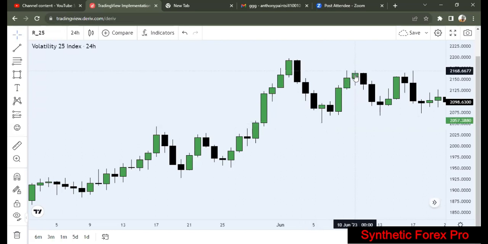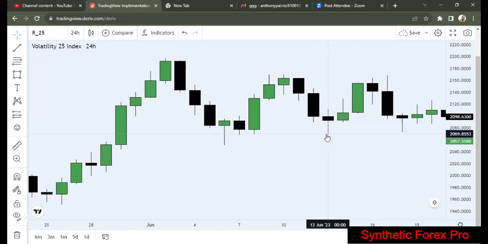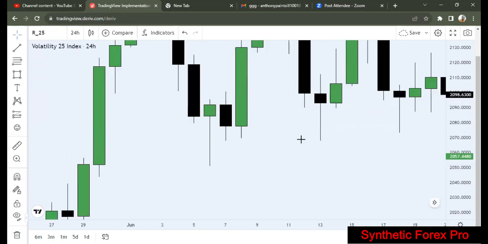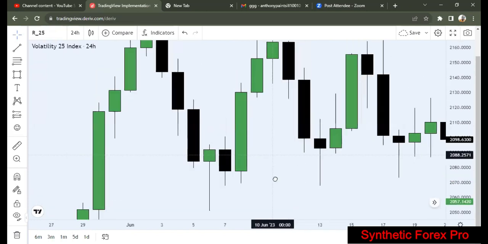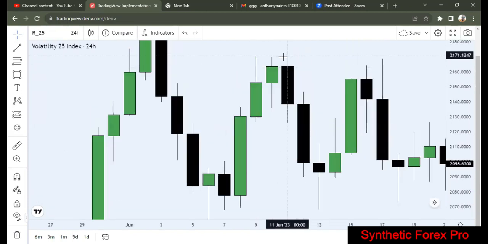Now, for some of you, you may not easily see, so let me quickly zoom out and show you this. There are some particular points on the price or on the candles that you won't easily see which one forms the swing or which one forms a high or a low. There is always a point where we are supposed to have the high or a low on a particular price point.